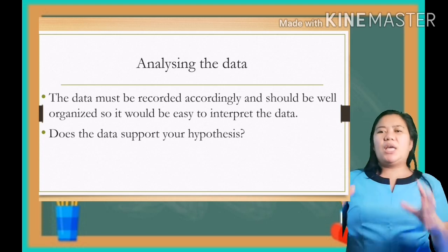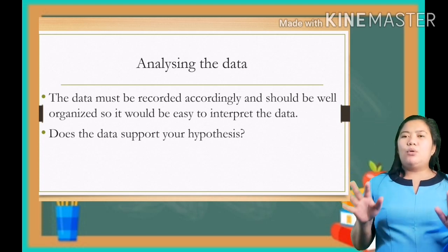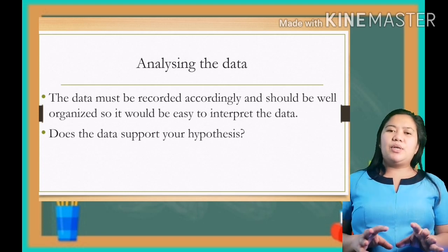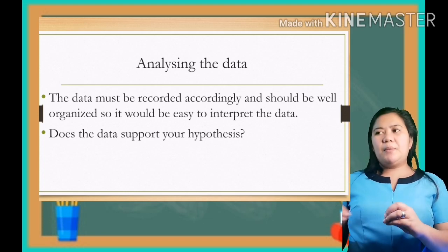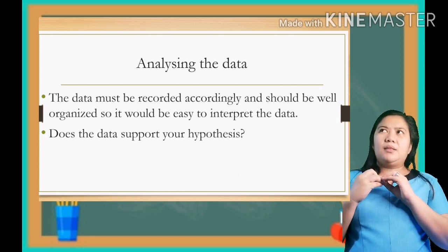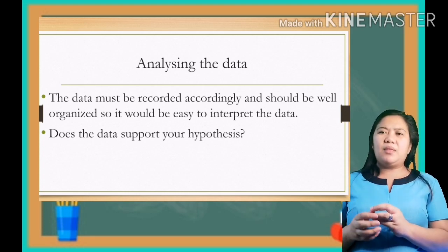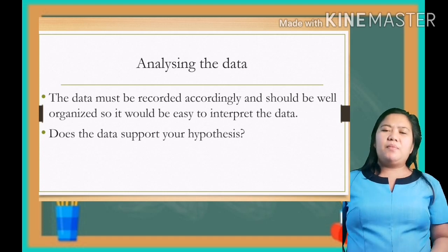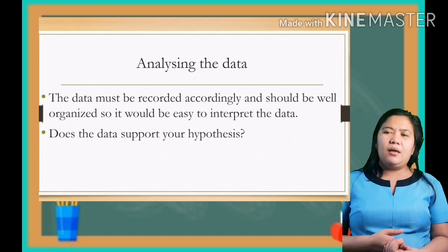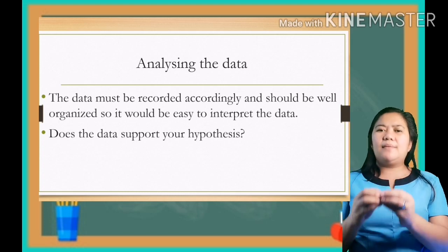So any changes from these raw materials that you use in your experimentation, as days pass by, that you saw something that developed from the plants is actually considered as data. Okay, so you need to record that.